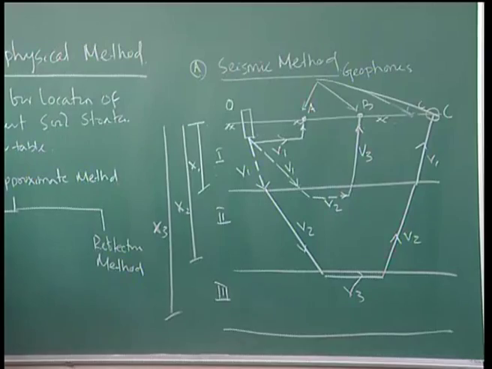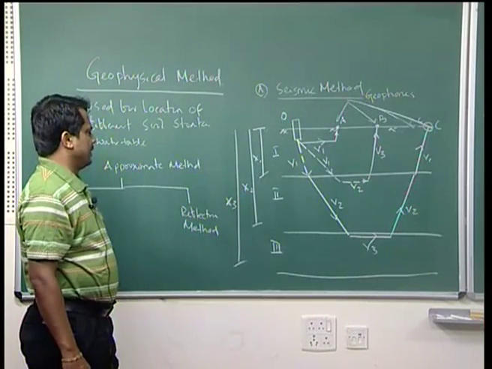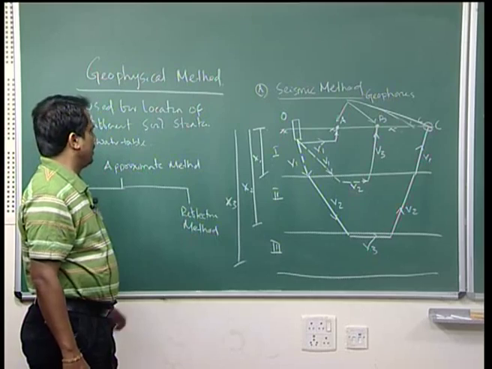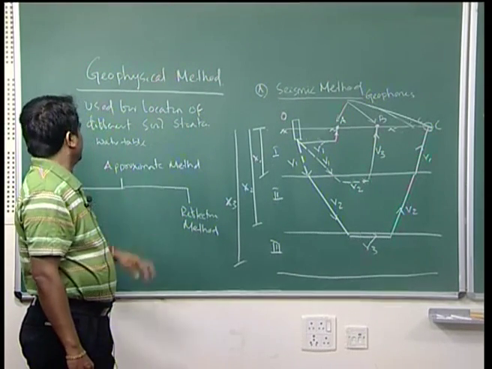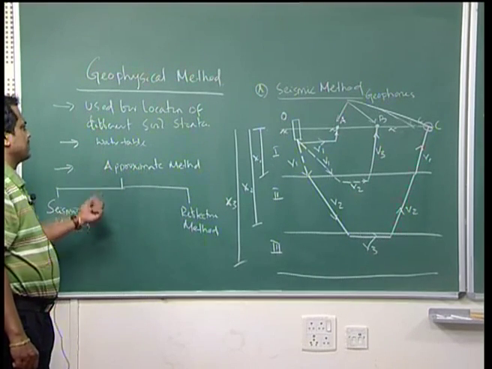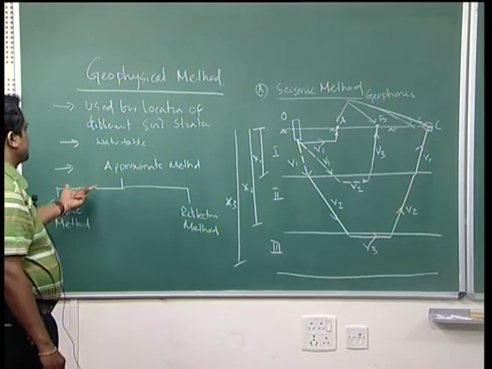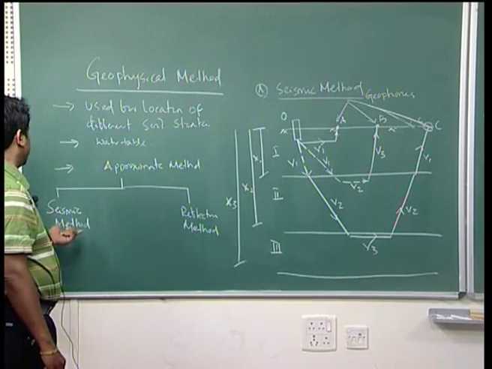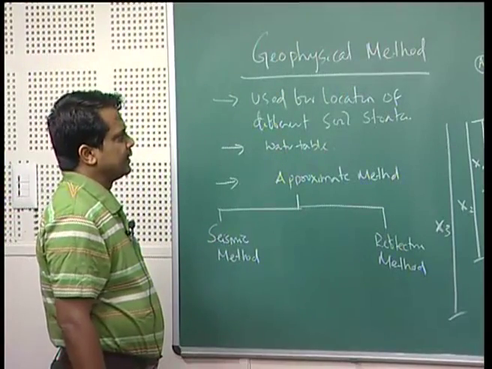It can be done by boring, auger boring or hand boring, or you can do it also by geophysical methods without doing any boring. As this is an approximate method, there are also limitations. Geophysical method has two methods, one is your seismic method, other is your reflection method.